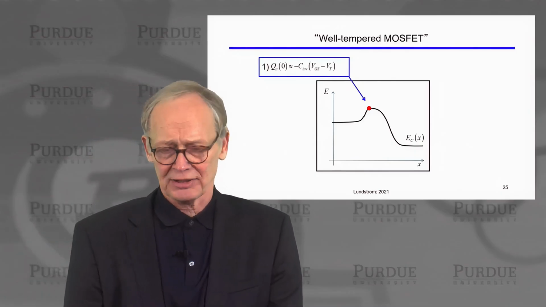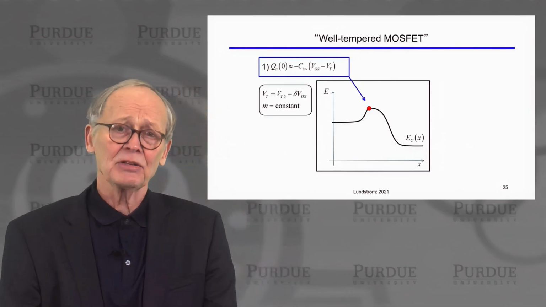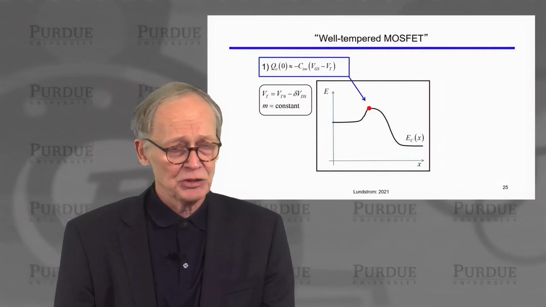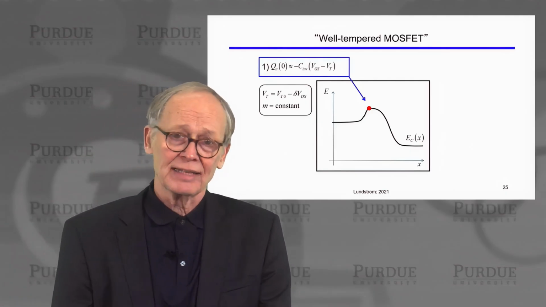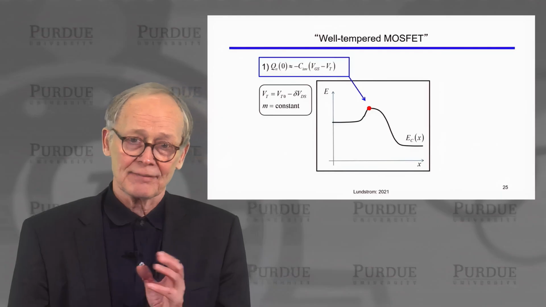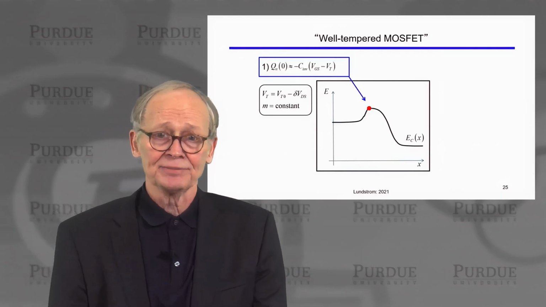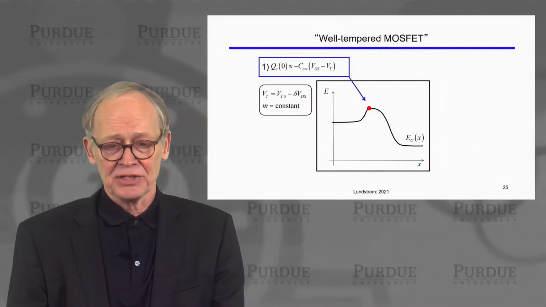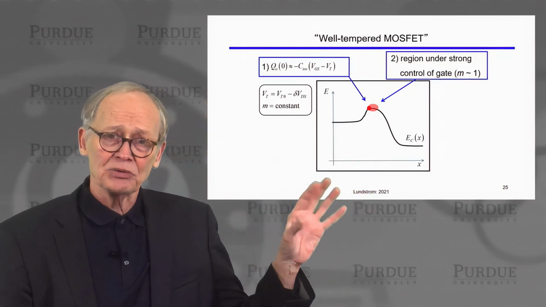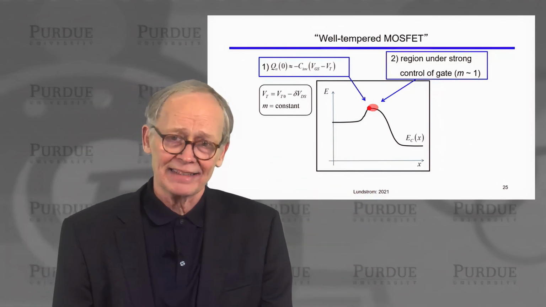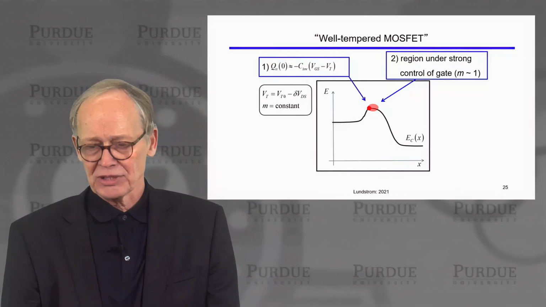So we know the charge at the top of the barrier. There is a little bit of DIBL, there always is, but you try to make it as small as you possibly can. And we try to make sure that the subthreshold swing parameter m doesn't increase as we change the drain voltage. So there is a region near the source that is mostly controlled by the voltage on the gate and weakly controlled by the voltage on the drain.